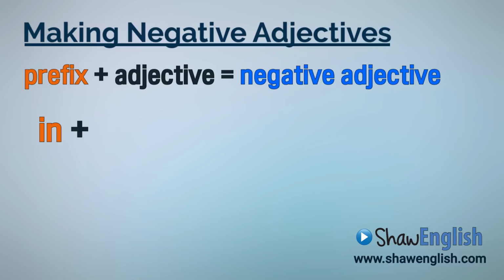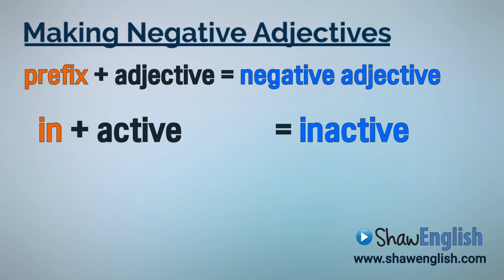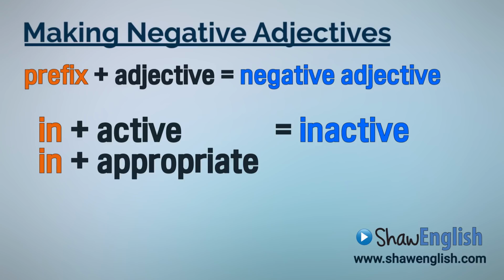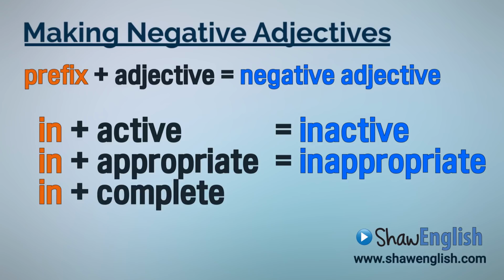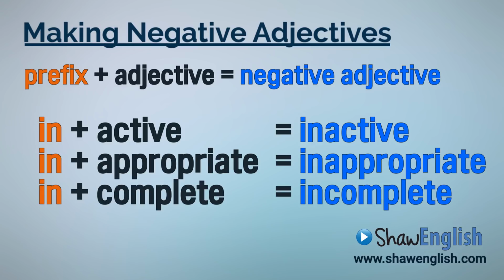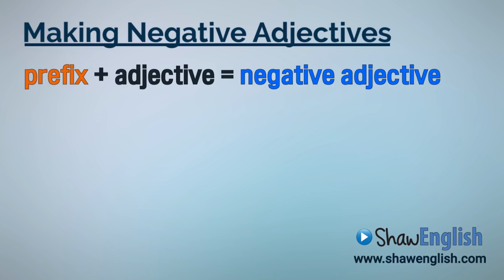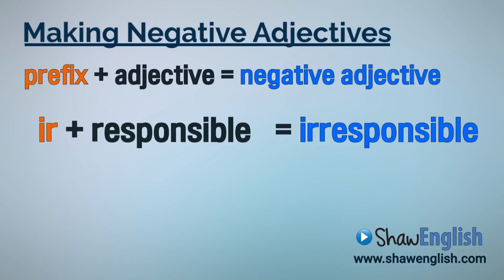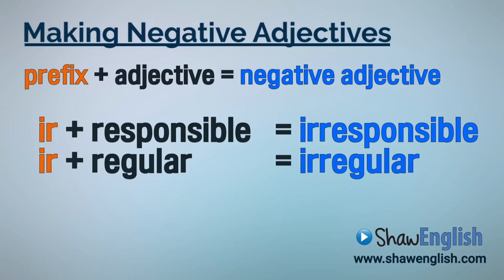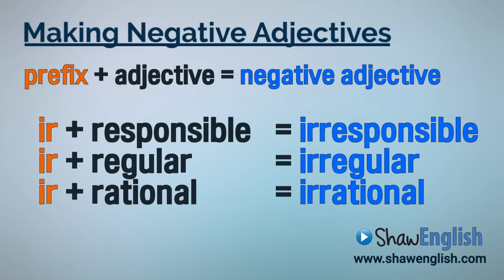Another prefix is in, to make the adjective negative again. For example, active, inactive, appropriate, inappropriate, complete, incomplete. The prefix ir now. For example, responsible, irresponsible, regular, irregular, rational, irrational.